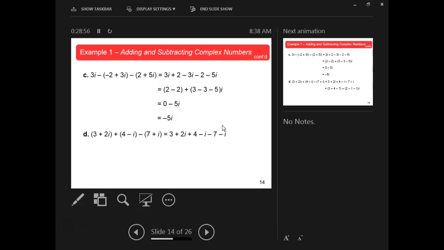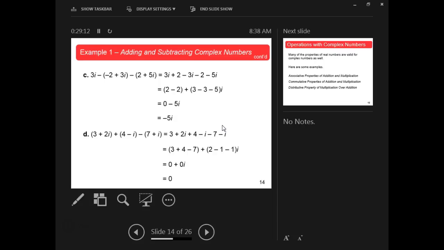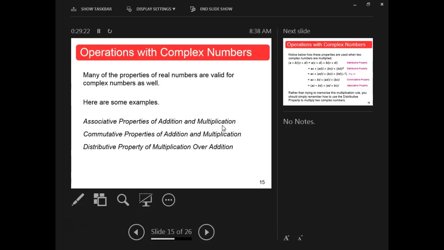Your imaginary part is 2i minus i minus i, that would be minus 2i. 2i minus 2i is 0. So combine them all together and you get 0. All right, done. Any questions on that? Don't worry, you don't have to do these, but I just want you to be okay with them, in case you ever run into them, you'll know basically how to do it.